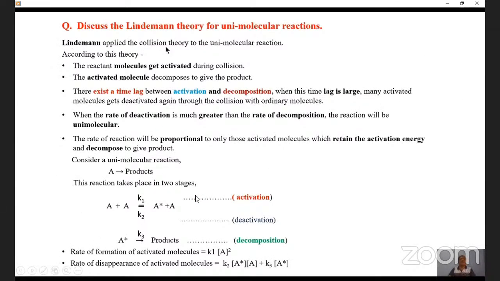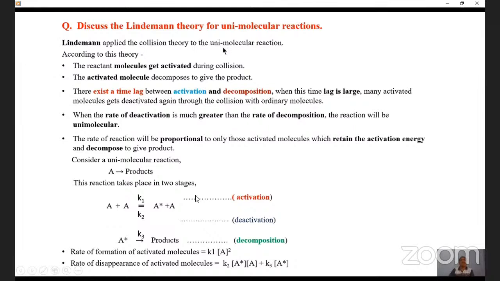Now let us study the collision theory for unimolecular reactions. It is very difficult to apply the collision theory to study the rate of a unimolecular reaction, because according to the collision theory, for a collision to take place, at least two reactant molecules are required.